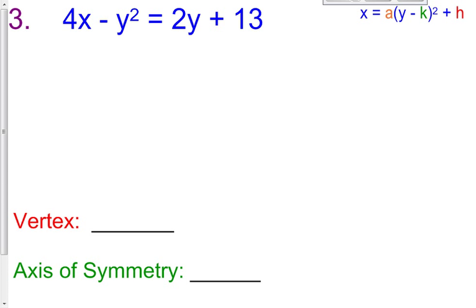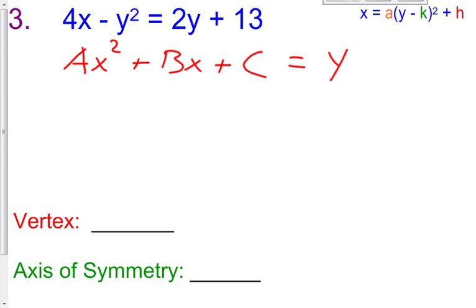Standard form for our regular parabolas is ax squared plus bx plus c equals 0, or sometimes in our equation it equals our other variable, which is y. So now remember, these up and down parabolas and these side to side parabolas are basically opposites of each other.